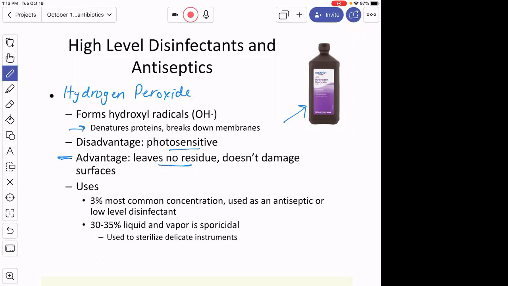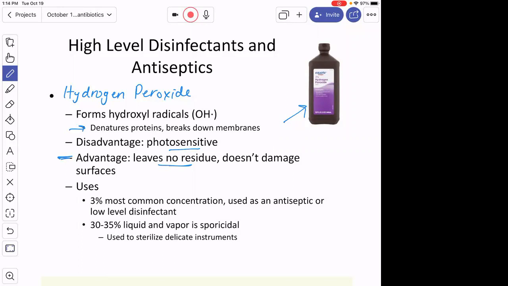So we always store it in some kind of opaque bottle, or in lab, you're going to be using hydrogen peroxide for a test that we're going to do next week. We store it in these brown glass bottles just to try to keep them fresh for as long as we can. Usually we have to make up that hydrogen peroxide maybe every 6 months or so, okay, or it starts to go bad.